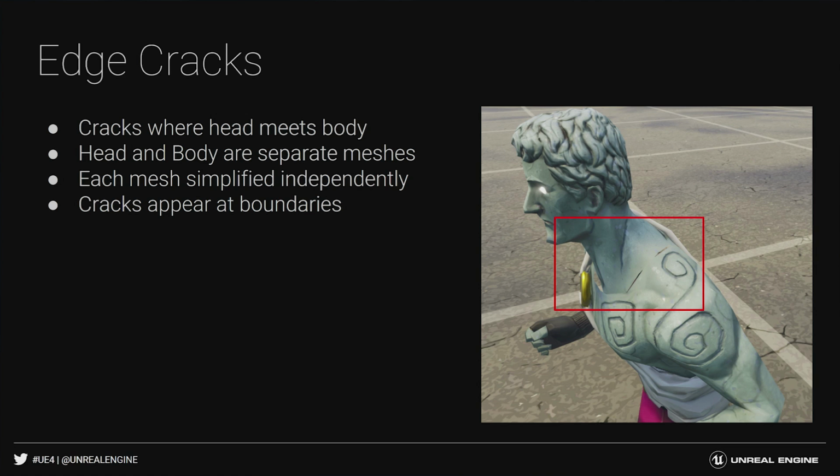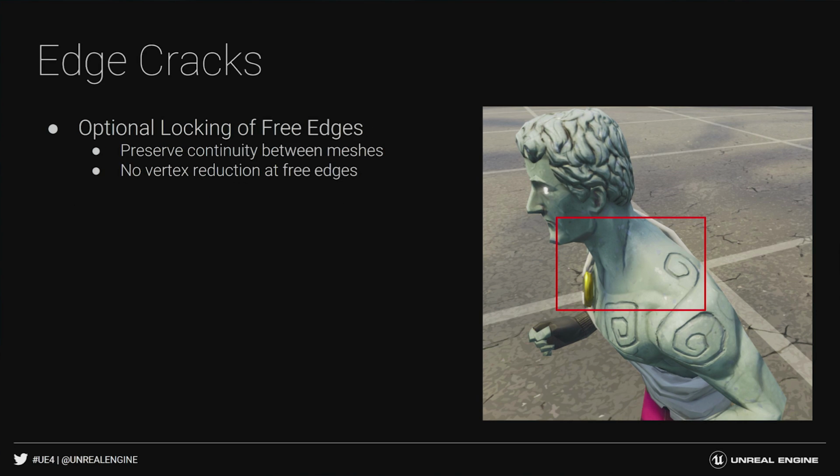But when we reduce those separately, it often reduces the vertices around that seam in different ways, and so you get these nasty cracks. So we needed to find some way to solve that. We added an option called lock free edges, which essentially tells the simplifier not to touch the vertices that are on a free edge of that mesh. That way, we can guarantee that the two meshes will fit together again perfectly after simplification.